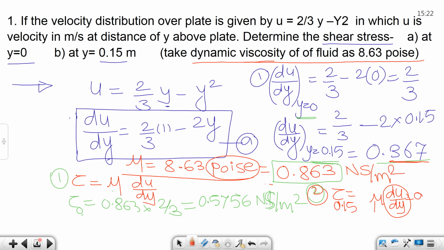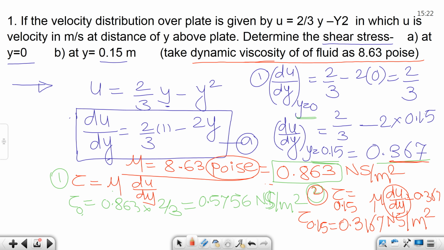So just multiply by this dynamic viscosity, 0.863 into 0.367, and you will get the answer, tau at 0.15 is equal to 0.3167. Unit will be Newton second per meter square.